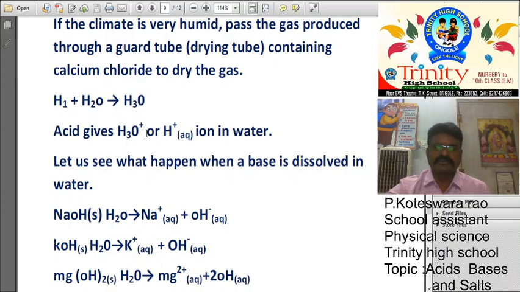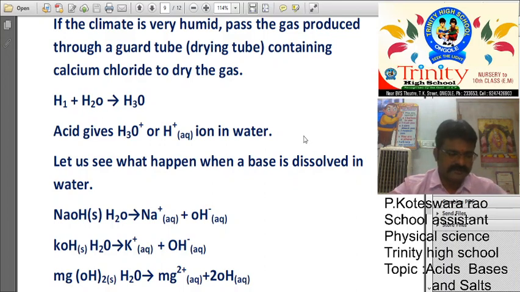So what about H3O plus? H3O plus is nothing but the hydronium ion. Okay, here is one more important point: H plus is attached by 4 to 6 water molecules. Most important one.